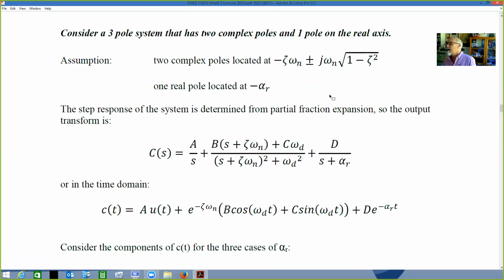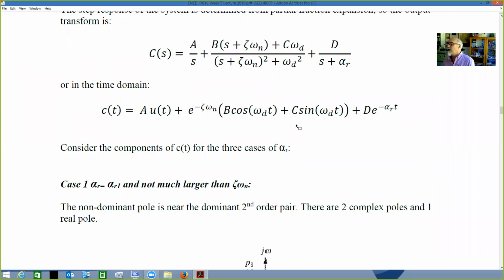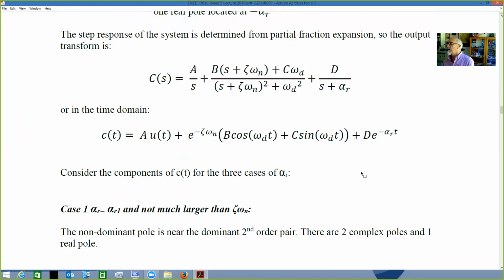So the output transform C of S is going to equal this partial fraction. In the time domain, when you actually solve that, you'll find it has this particular form. As you can see, it's got sines and cosines, so it's sinusoidal in nature. Now consider the components of our output for the 3 cases of alpha r.